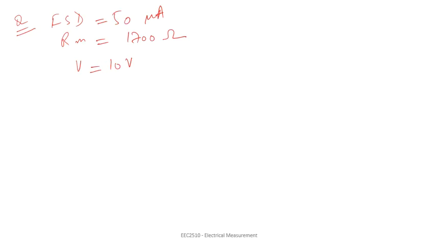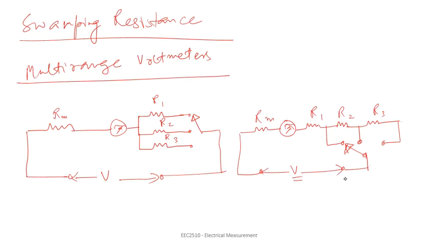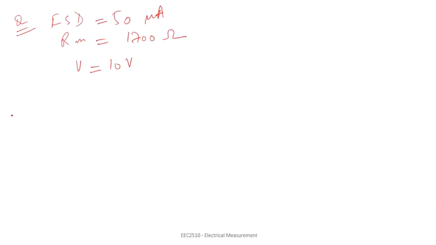Now let us suppose we solve this problem by using this second circuit which is shown here. You can also solve it by using the other circuit as well. So let us try to solve it. Now Rm plus R1 will be V1 over Im.